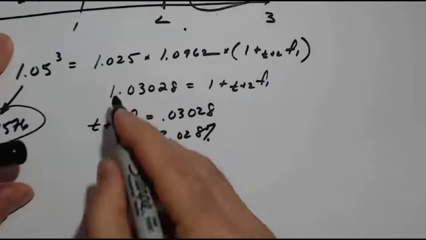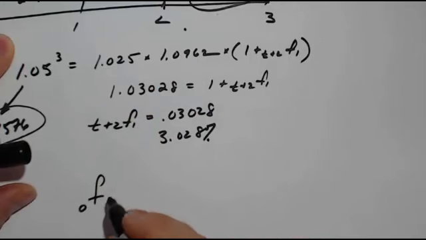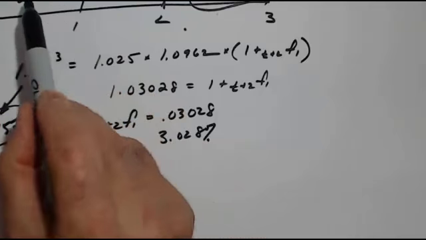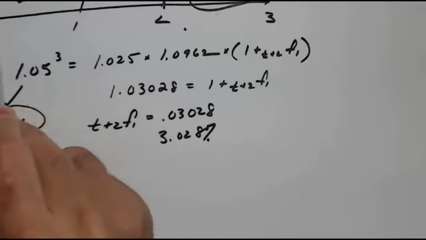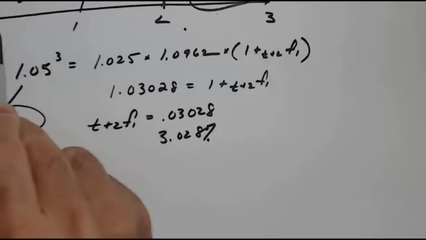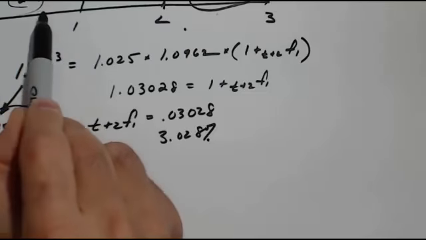In other words, the forward rate that starts right now is sometimes called a spot rate. And by the way, the very first forward rate and the spot rate are one and the same thing. So this first 2.5% is a forward rate that starts right now and covers a period.